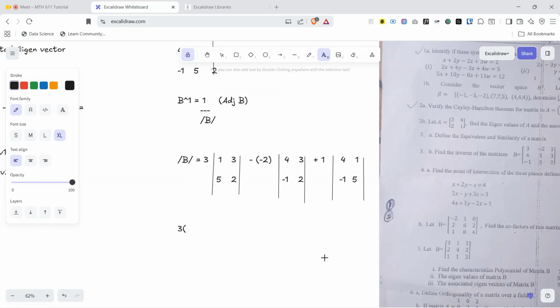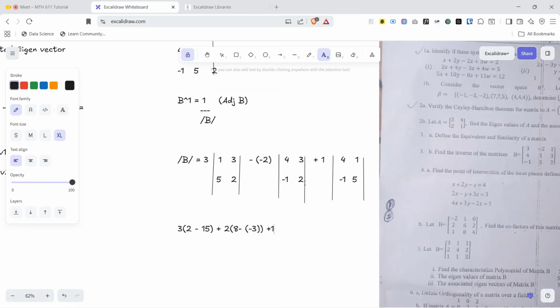So this will be 3 into 1 times 2, that's 2, minus 3 times 5, that's 15. Plus 2 into 4 times 2 is 8, minus 3 times minus 1, that will be 8 plus 3, that's 11.